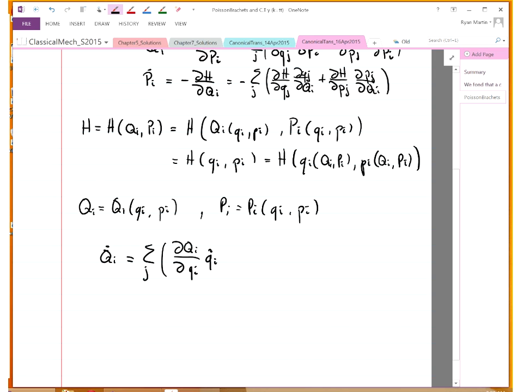So I'm thinking of Qi as a function of lowercase q's and p's. So again, I have to do a chain rule. So if I do the chain rule here, I have the sum. So first, I have ∂Qi/∂qj times qj dot, and plus ∂Qi/∂pj, sorry, that should be a pj because it's the sum, so it's a lowercase qj and a lowercase pj dot. That's just the chain rule. We've done this several times, right?